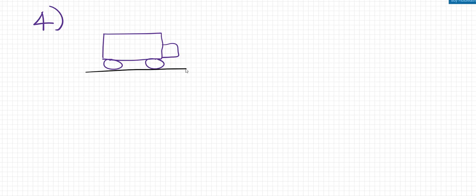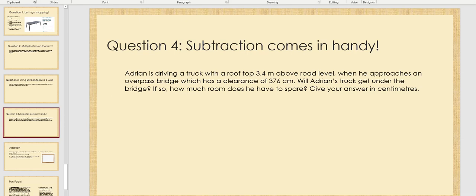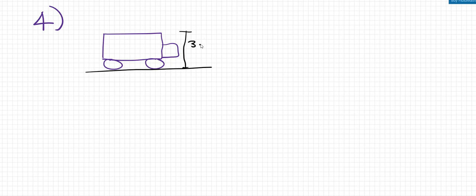So this truck above road level, we've got the wheels on the truck. The height from road level to the top of the truck is 3.4 meters. Add that in there. All right, that has helped me to visualize what's happening.